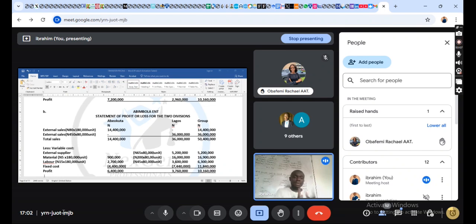What is the principle of limiting factor? Contribution per limiting factor. You rank your production from highest to lowest to maximize profit. When you talk about shadow price, increase one of the scarce resources by 1 unit, right? Compare your old contribution with the new contribution as a result of increasing the scarce resource by 1.